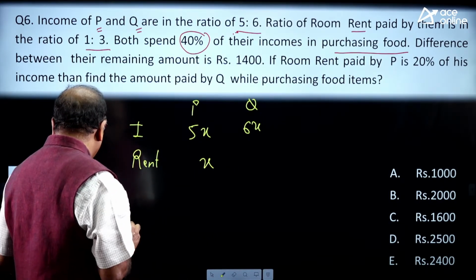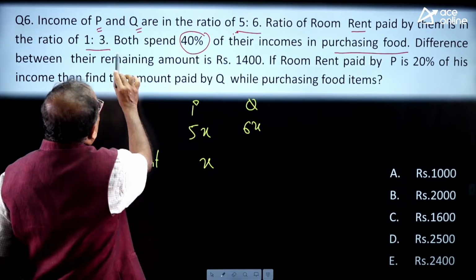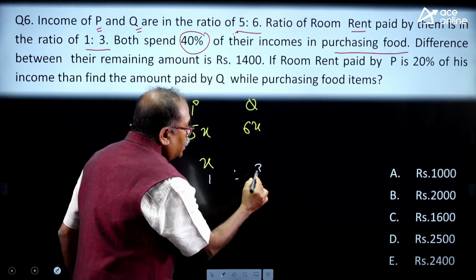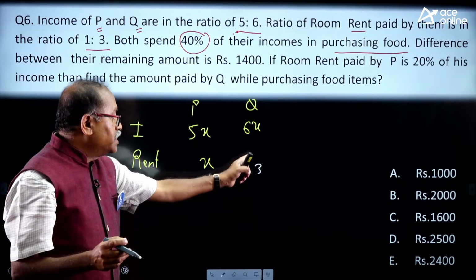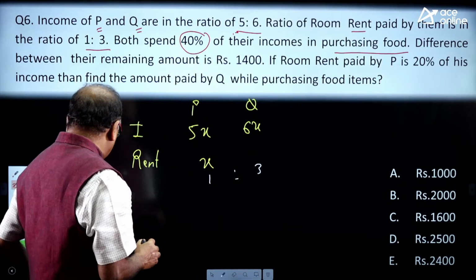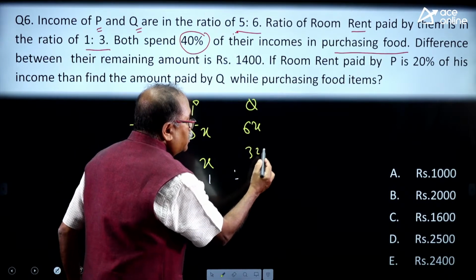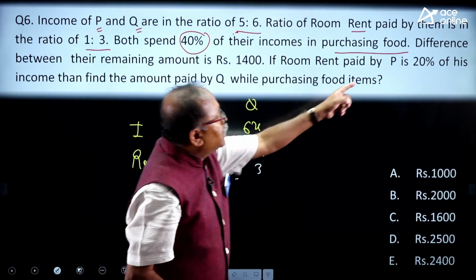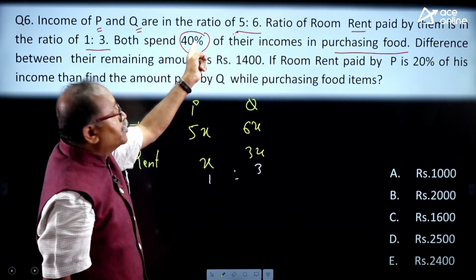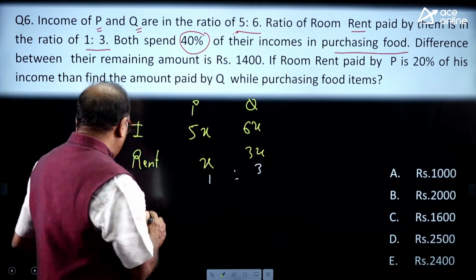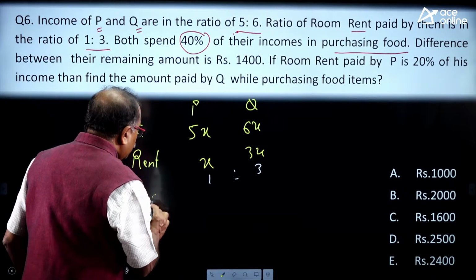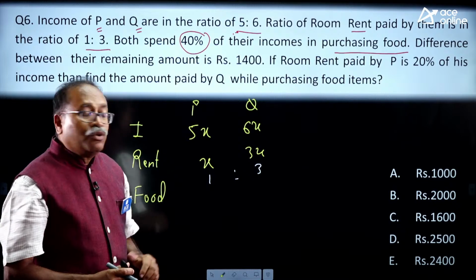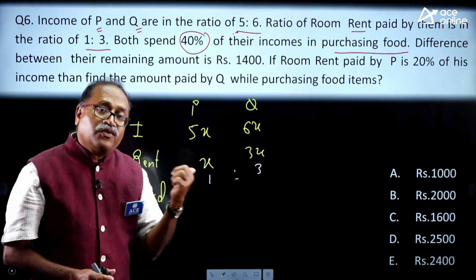And I have the ratio given here. Rent paid by P and Q is in the ratio of 1:3. So if this is x, this must be 3x. So let's take this value, that is 3x. Done? And both of them are spending 40% on food. So let's take the food item, how much each of them is spending, 40% of their income. What is 40% of 5x? 5 4s are 20.